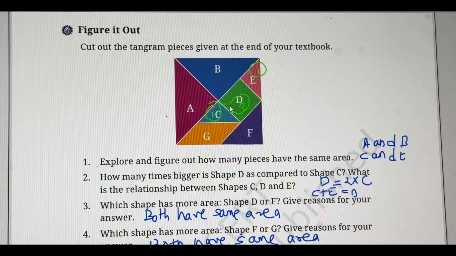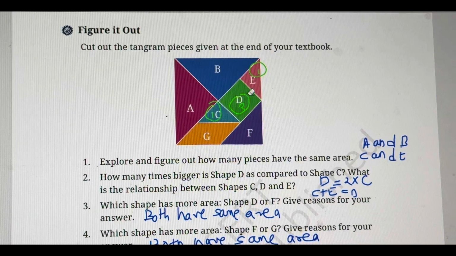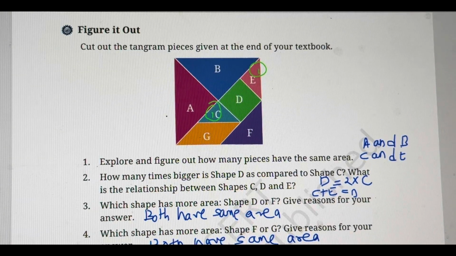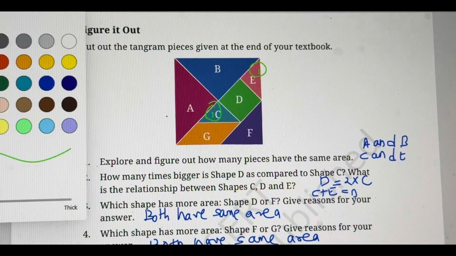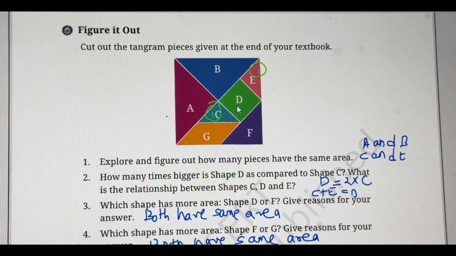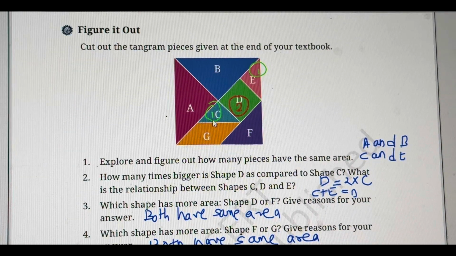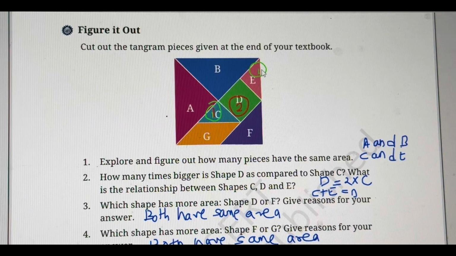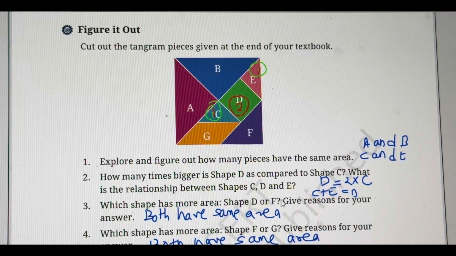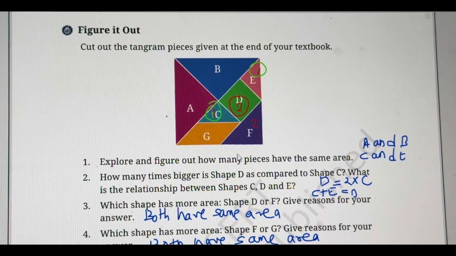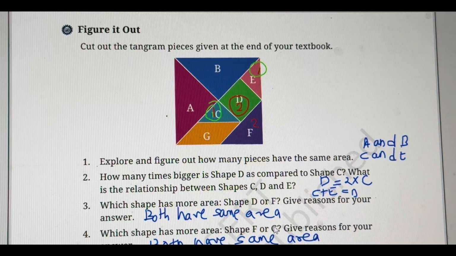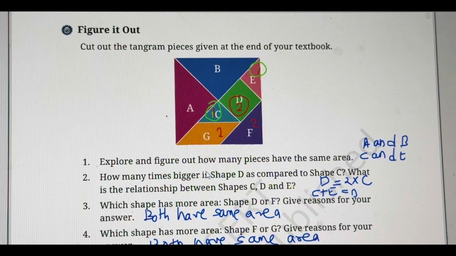Then we also saw that, let me change the color. This is 2, this is 1, this is also 1. We also saw that D and F have same area, so this is 2, this will also be 2. Even F and G have same area, so this will also be 2, right?